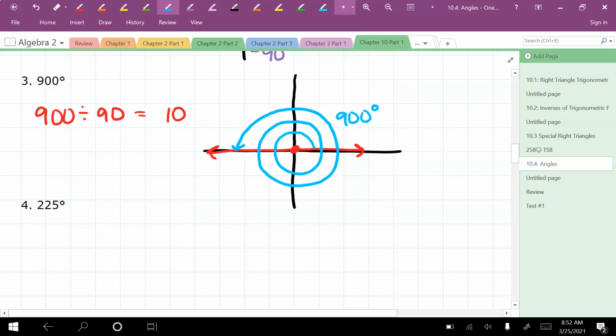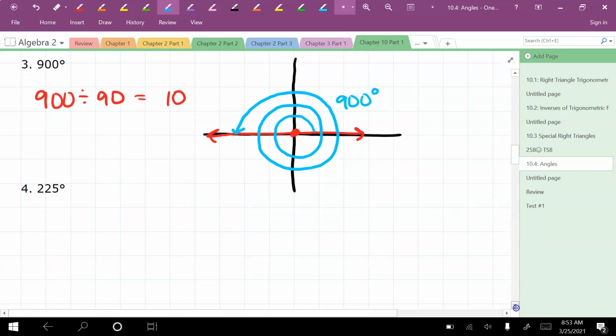So when you label, you're going to want to show how many times it turned, because that lets the reader know how many times this thing rotated. So this rotated 2 full times and then another halfway. It didn't quite get all the way around for a third full rotation. It went about 2.5 rotations around the coordinate plane there. Why don't you guys try to graph number 4, 225.